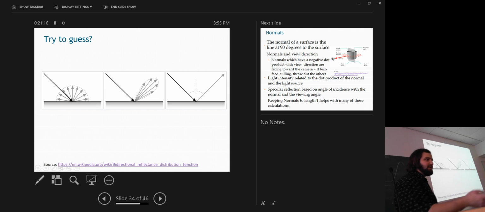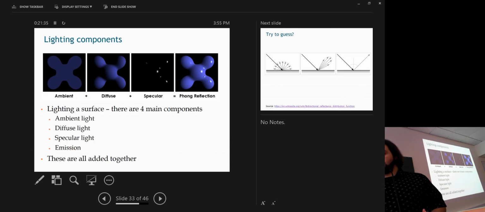Let's say your box, this one, right? When you see these highlights, it's because all the light incident from this angle is reflected to a particular fixed angle, and it's not reflected in all directions. That creates these specularities, but it's not from a single point.